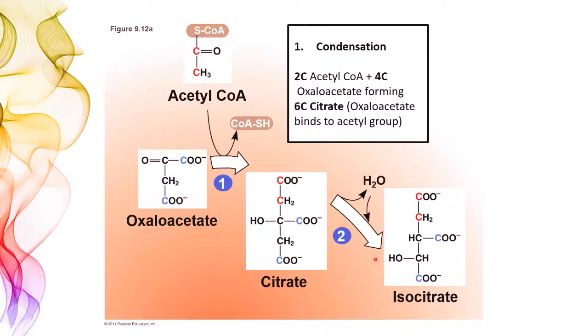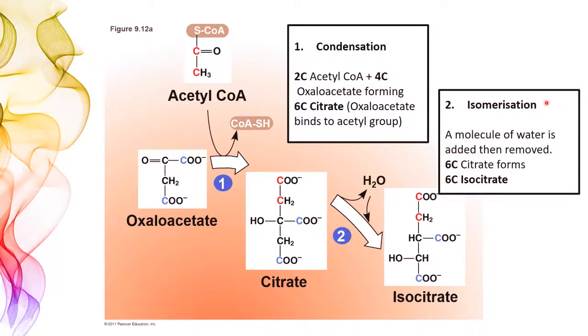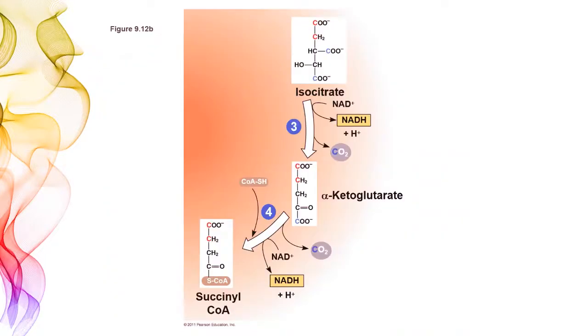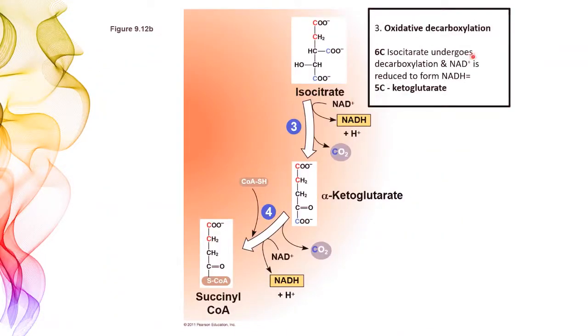Next, the 6 carbon citrate will undergo isomerization. A molecule of water is also added and then removed, and this will form 6 carbon isocitrate. The 6 carbon isocitrate will next undergo oxidative decarboxylation.